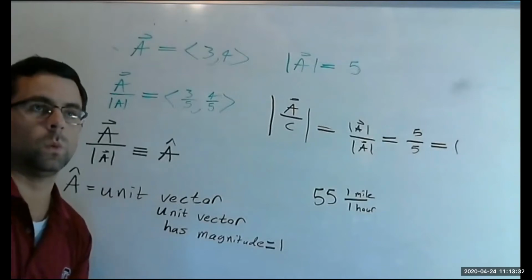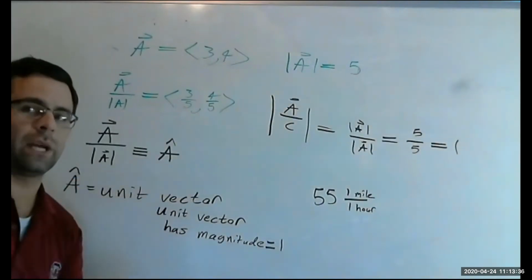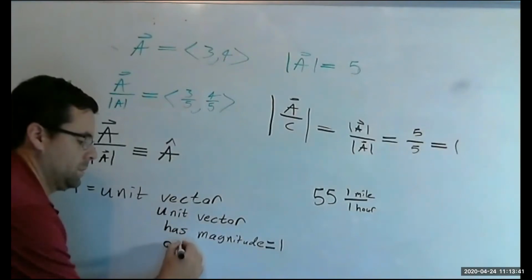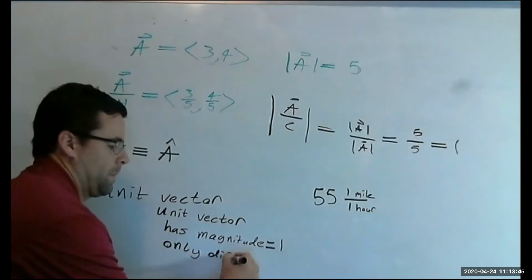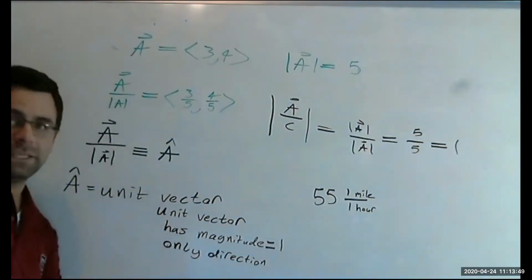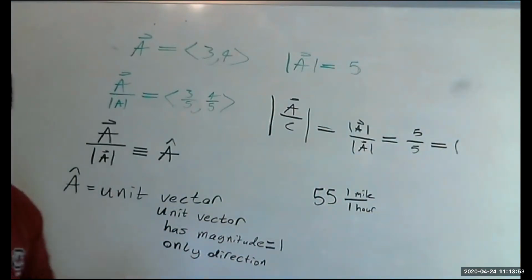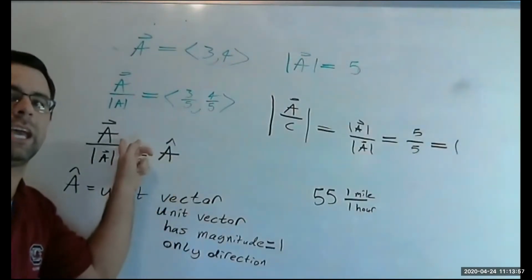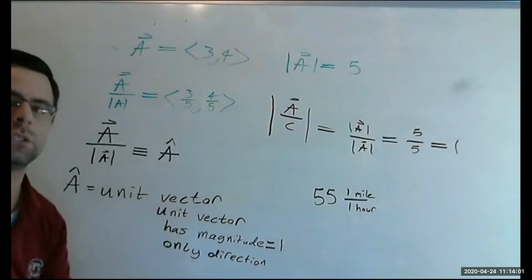So a unit vector has only direction. Basically, A with a caret is a vector that points in the same direction as A, but is only 1 unit long.